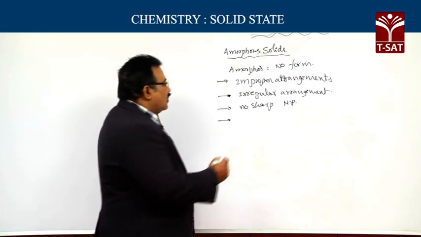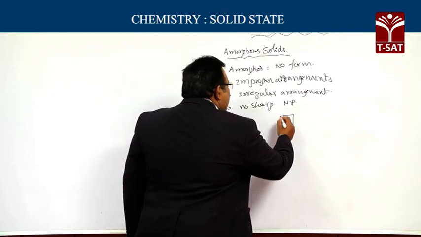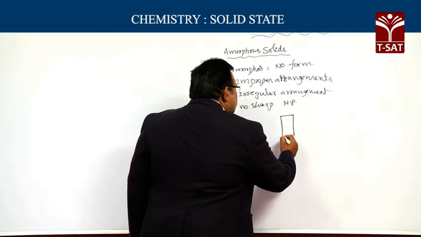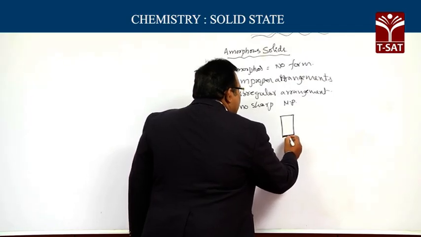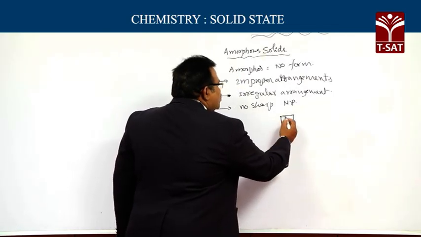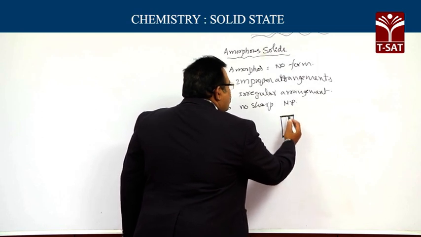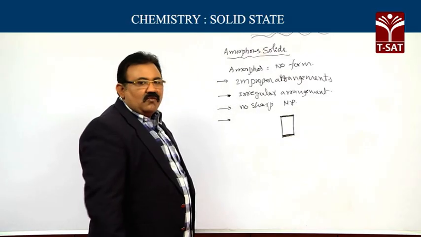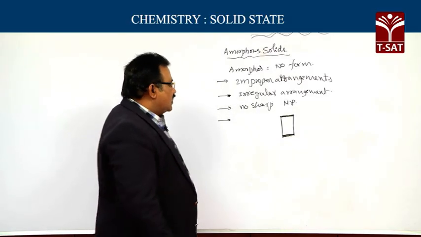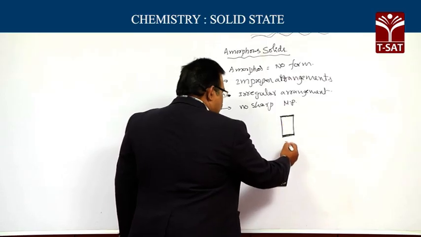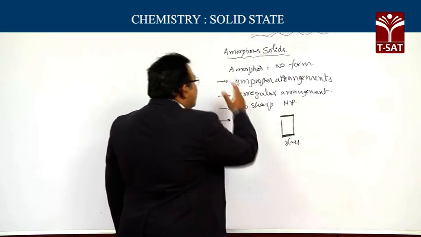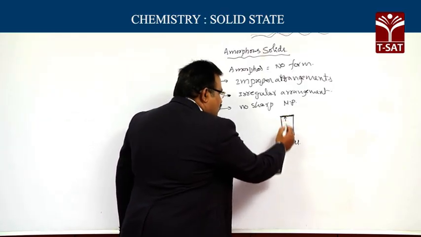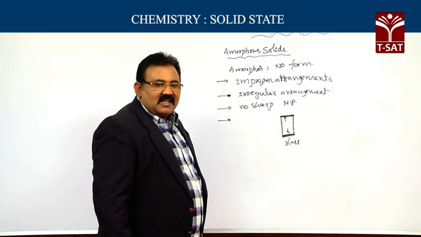For that, if you take a window of an old house, this is the bottom of the window and this is the top of the window. At the bottom and top, the thickness is more for the oldest window. This is because glass is an amorphous substance. It flows in this direction, just like liquids.